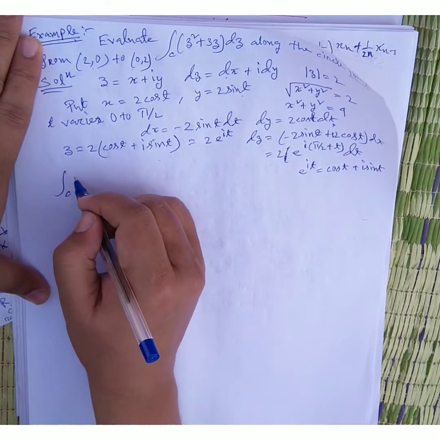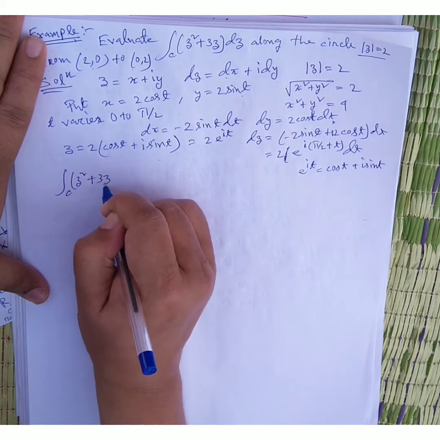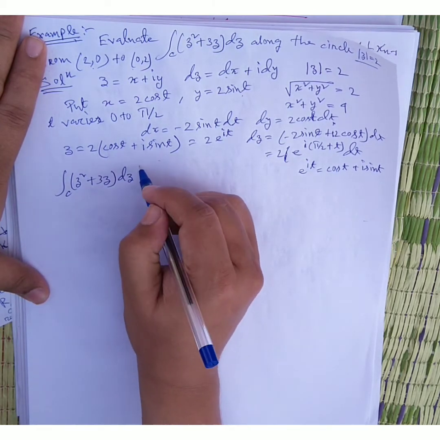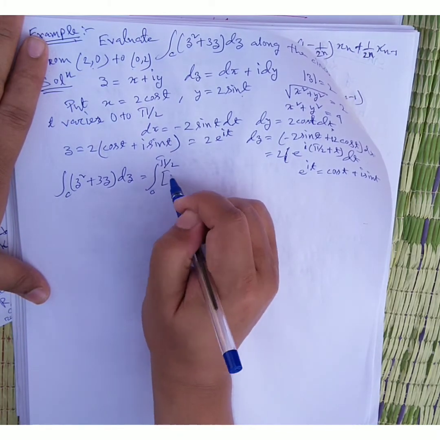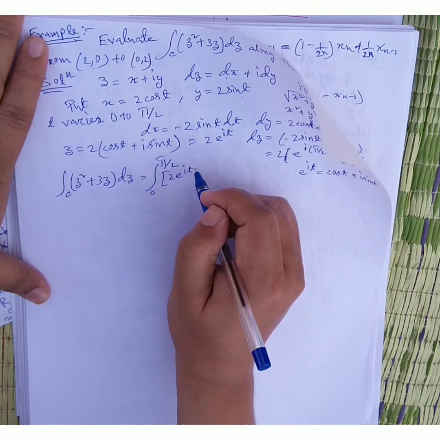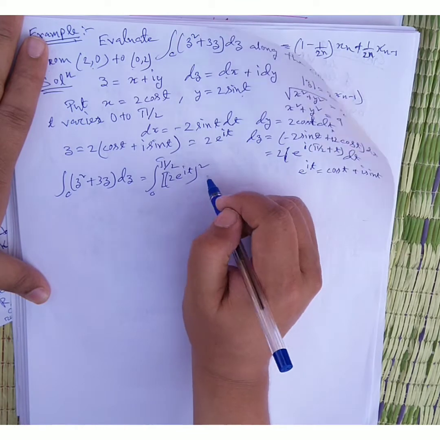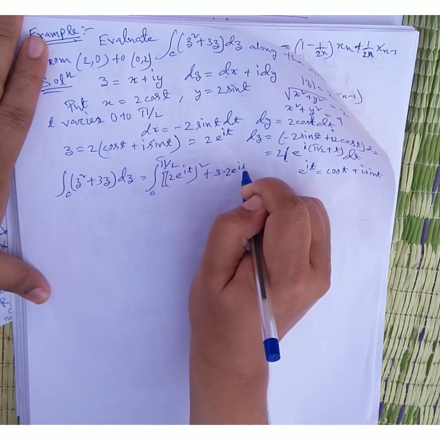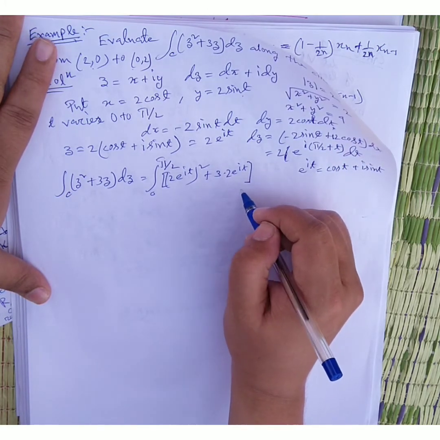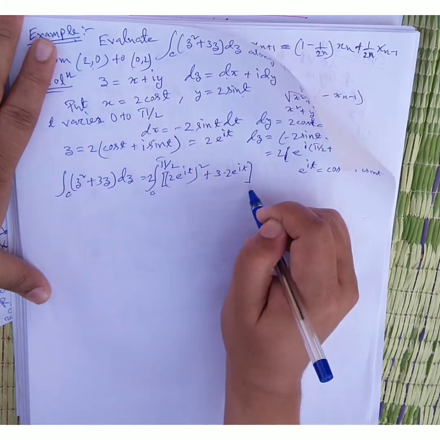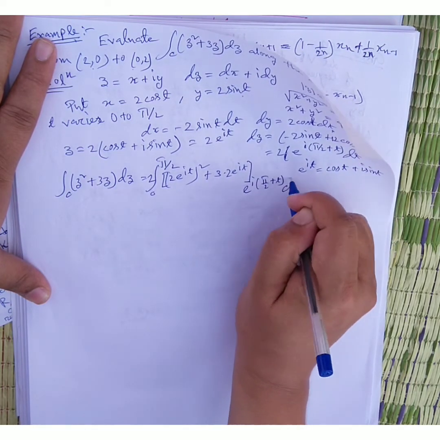Now I will go another way. The integral of z squared plus 3z into dz is equal to the integral from 0 to pi by 2 of 2 into e to the power it, whole squared, because z means 2 into e to the power it, plus 3 into 2 into e to the power it, and dz means e to the power i into pi by 2 plus t into dt.